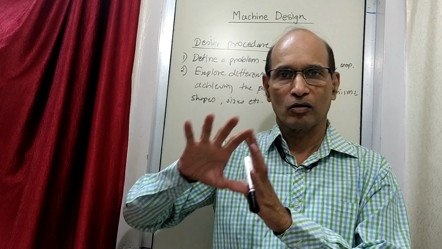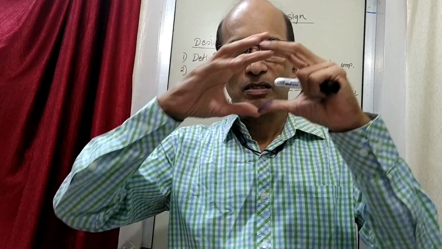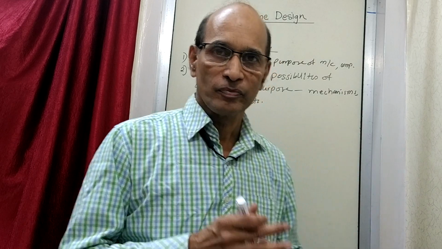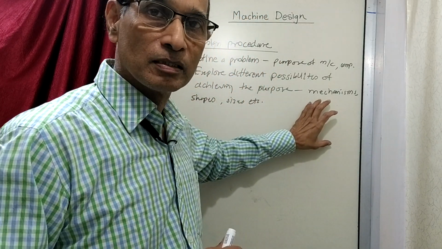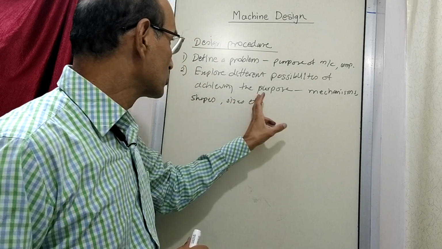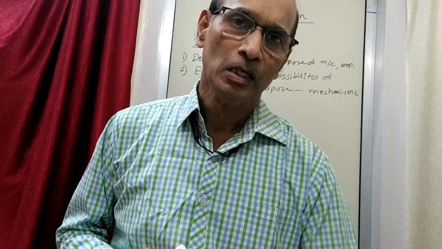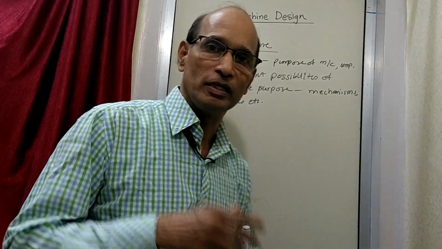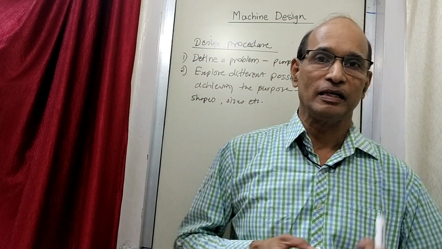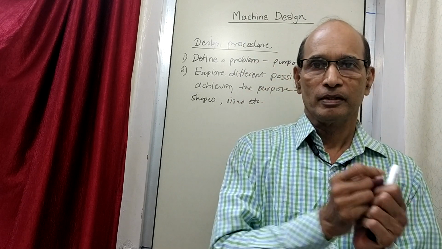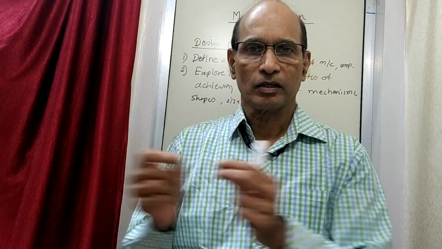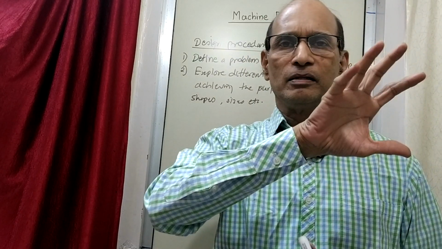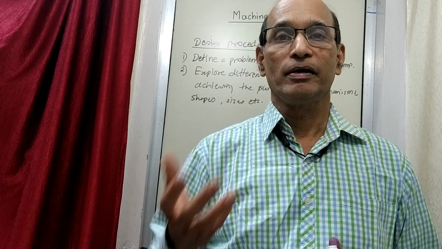Analyze means not the technical or mathematical part of it, but just visualizing in what way it can be done, as a rough beginning process. So that is the next part. After you think about different possibilities, maybe you jot them down in the form of sketches: it can be done this way, it can also be done this way, it can also be done this way. So the rough design starts evolving one after another.